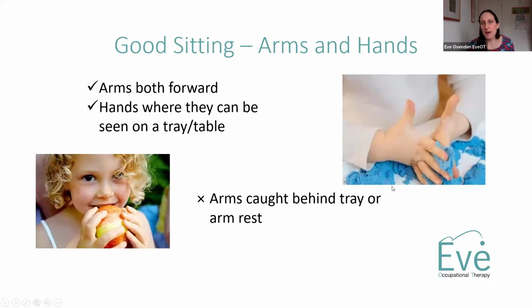And then we want arms and hands. So we want arms forward, hands where they can be seen on the tray or the table and where it's easy for them to reach and grasp things. We don't want arms caught behind the tray or an armrest. And if the child's bringing their arms around and getting them stuck there, we need to be looking at supporting around the shoulders.